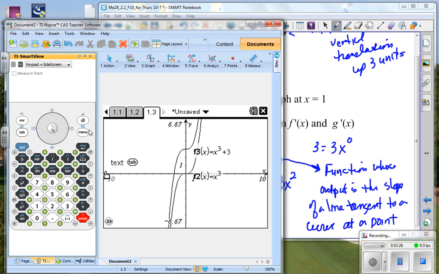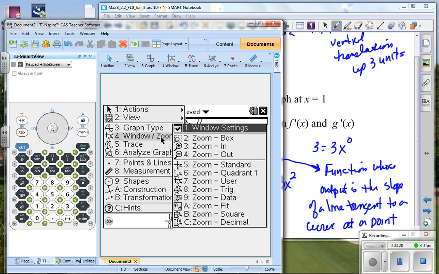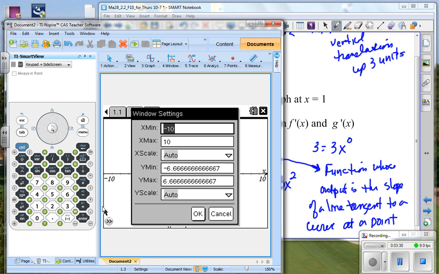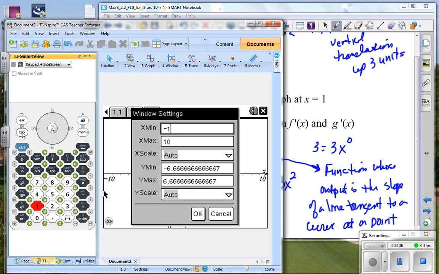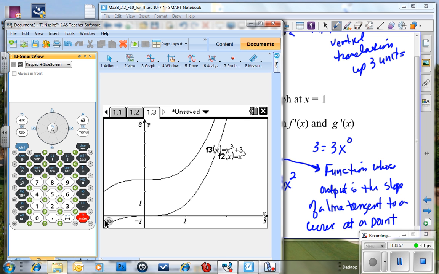Let's change the window slightly on here so we can see it better. Let's say we go from -1 tab to 3 tab 1 scaling, and then from -1 tab to 8 tab 1, and we'll press enter, and there are our 2 curves.